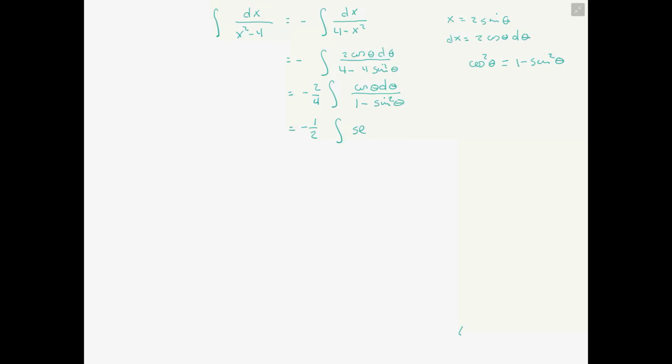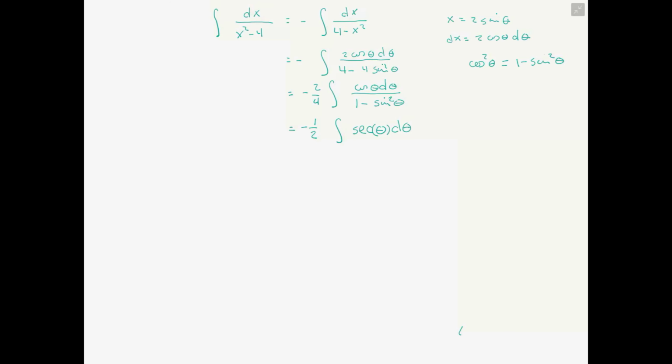So then that will end up being a secant theta d theta.